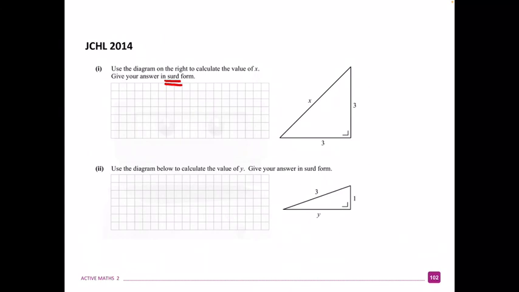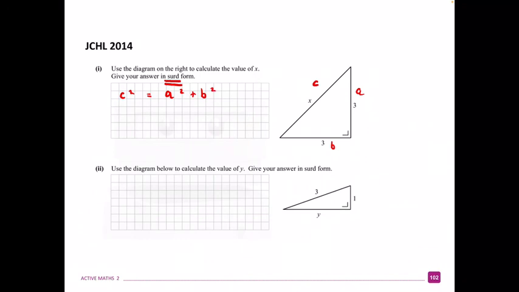Remember, surd form simply means keeping your answer with a square root. Okay, we want to solve for x. The first thing we're going to do is label our triangle. C is our hypotenuse, A and B are the other sides. Let's write down our formula for Pythagoras' theorem.